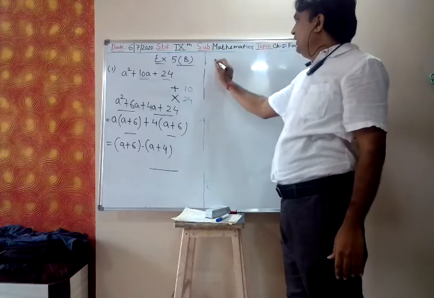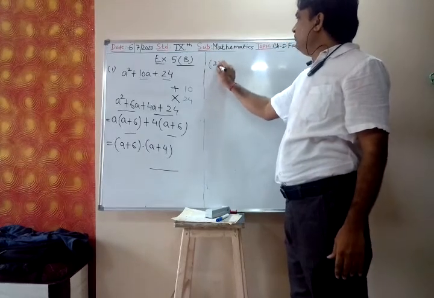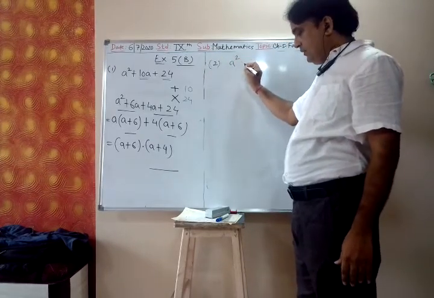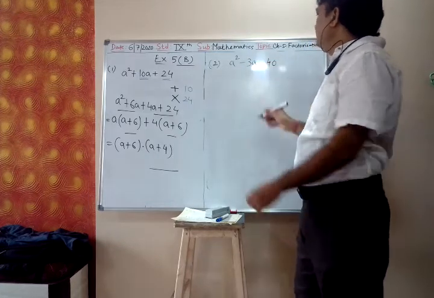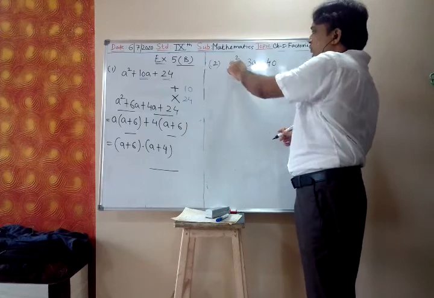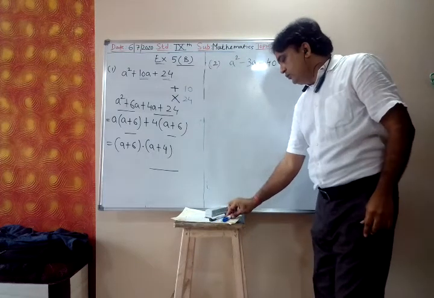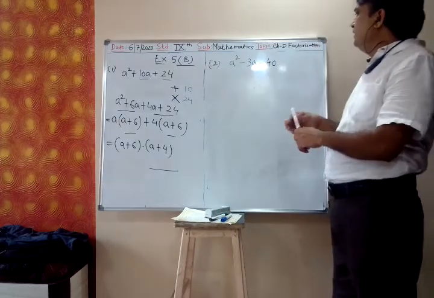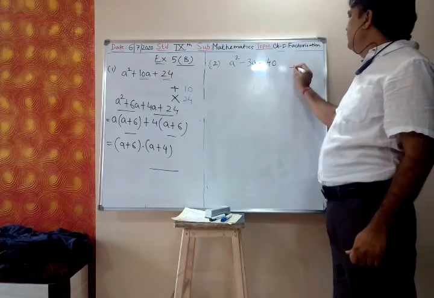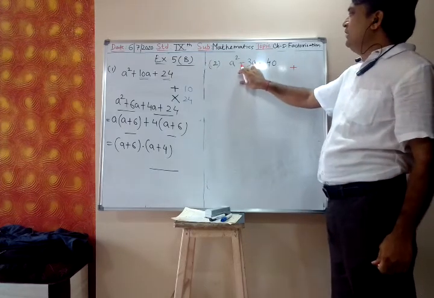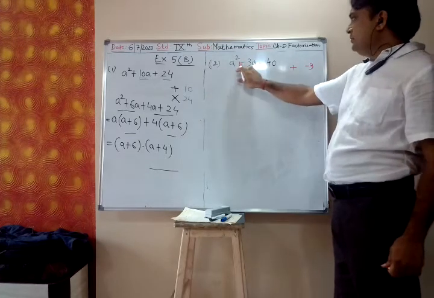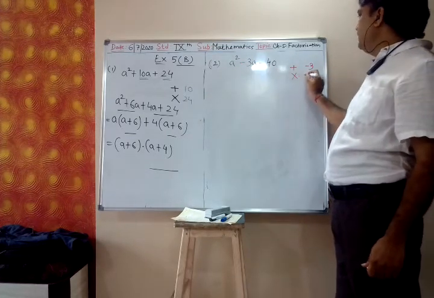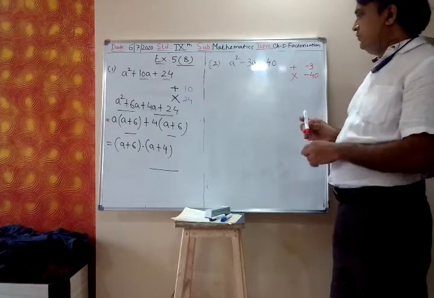Now let us take the second one. A square minus 3a minus 40. Again this is a quadratic. Power is 2 means quadratic. So now we have to find two numbers whose sum is minus 3. You have to take the sign also. Sum is minus 3 and multiplication is minus 40.